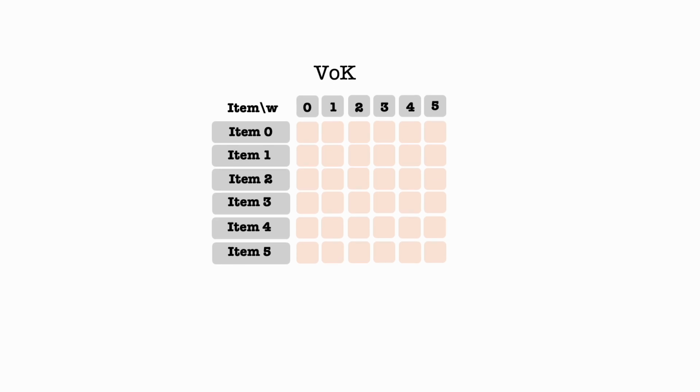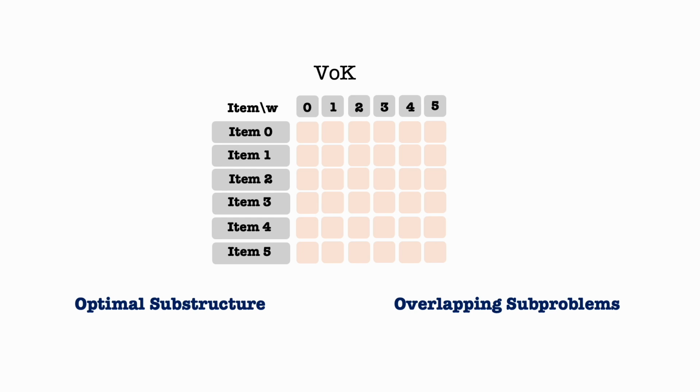For example, this first cell represents a subproblem where there is no item and the capacity of the knapsack is 0. We are solving all subproblems row-wise because the solution of small subproblems can be used in relatively larger subproblems. This is because the 0-1 knapsack problem satisfies both properties: optimal substructure and overlapping subproblems.